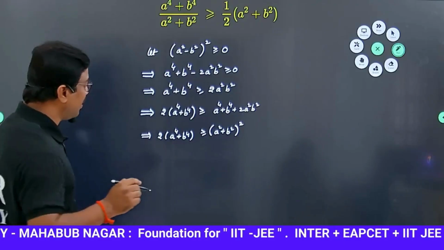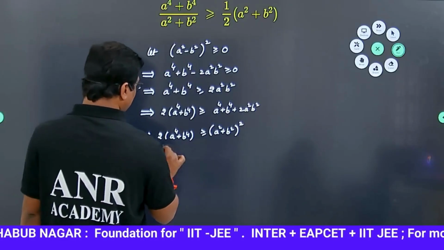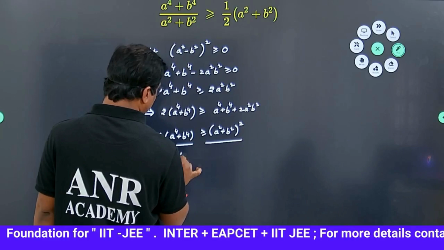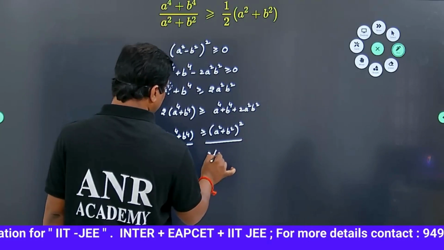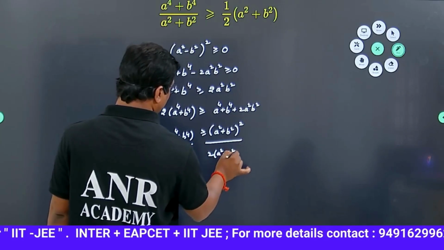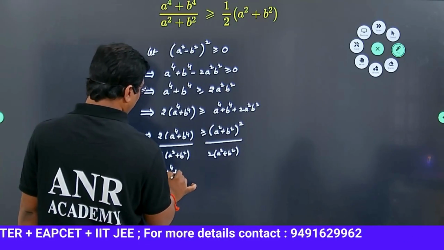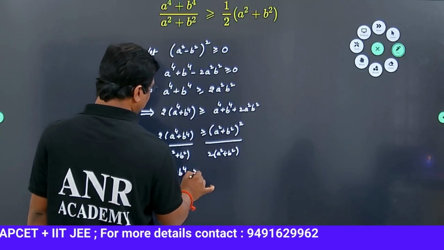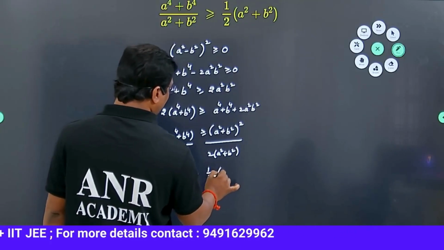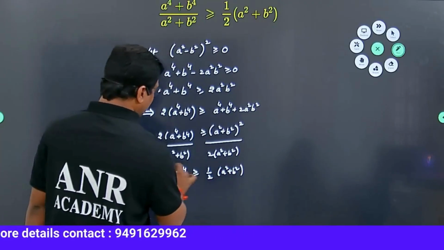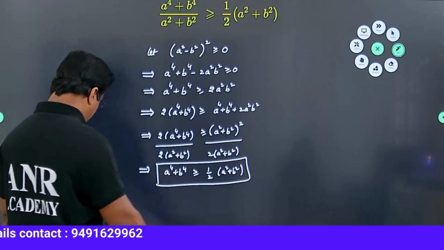Next, when you divide with 2 times of (a² + b²) on both the sides, you will get the inequality, that is (a⁴ + b⁴)/(a² + b²) is greater than or equal to half of (a² + b²). Hence the second result proved.